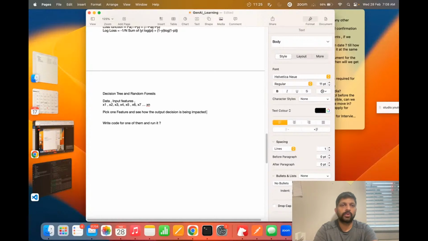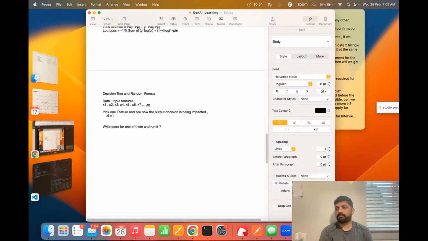Let's say they pick xi, and again, assuming we convert everything to numerical format, I'll say xi is equal to a certain value, like 1. When xi is equal to 1, how is the output being impacted? I can say xi is equal to 1 or xi is equal to something else.